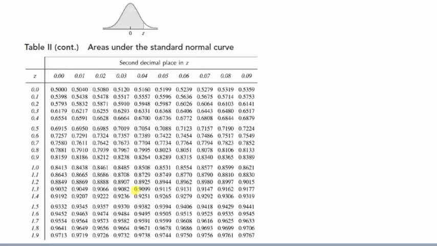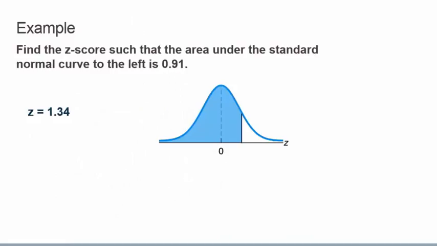The best I can get, 0.9009 or 0.9115. Since 0.91 is closer to 0.9099, I use the z-score for the row and the column to estimate z. So my row is 1.3 and my column is 0.04. Z equals 1.34.